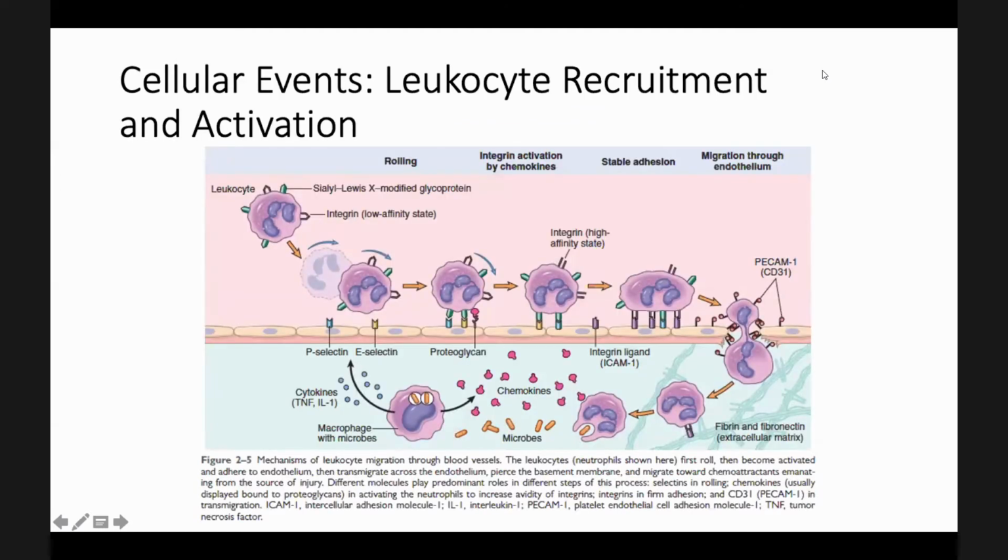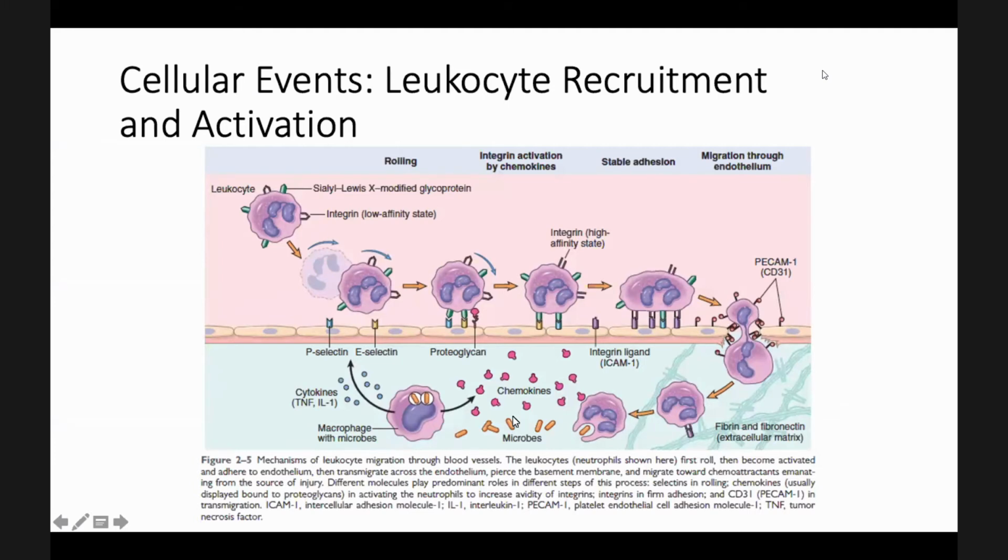So the cellular events for leukocyte recruitment and activation are as you have already read in pathology. I took everything from the pathology; it's given in your surgical textbooks. So you know this diagram. That's what happens there: how the WBC starts to adhere to the endothelium, how diapedesis occurs, and how the WBC goes into tissue.